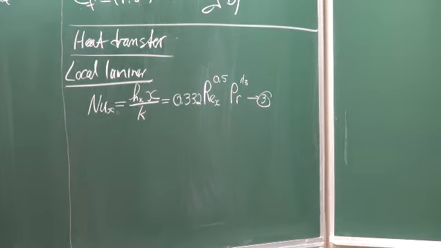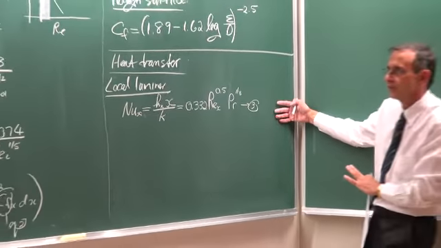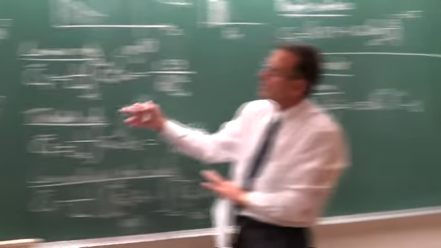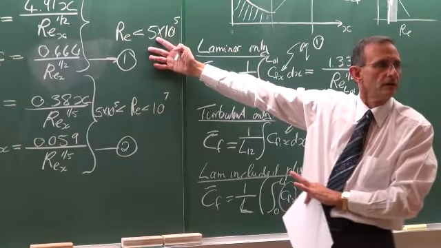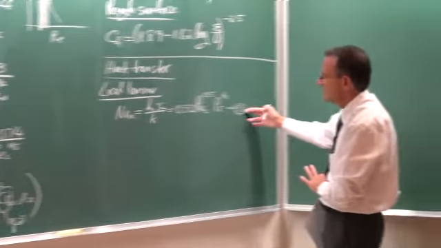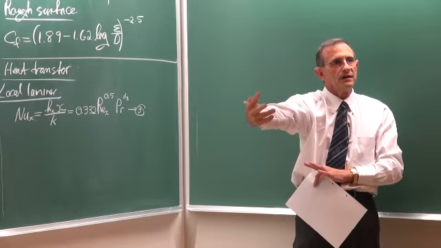Equation 3. Again, I'm not going to write it here, but if we look quickly, for laminar flow this equation is valid if the Reynolds number is smaller than 500,000.